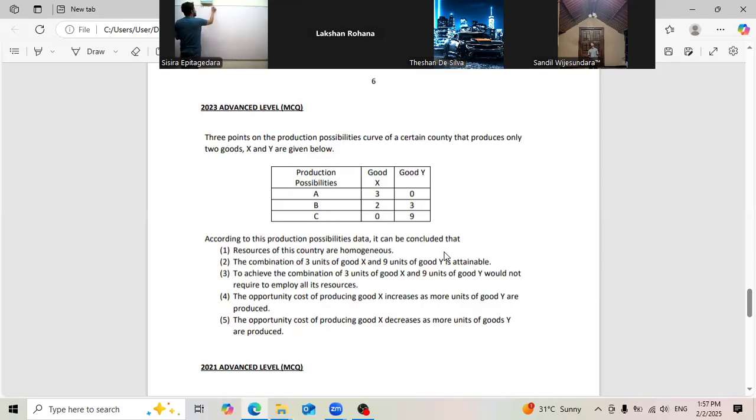And here Y. You can see, when Y production is 0 units, X production is 3 units. This is point A.